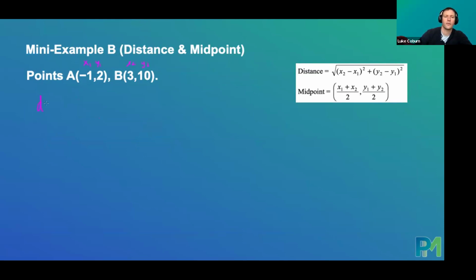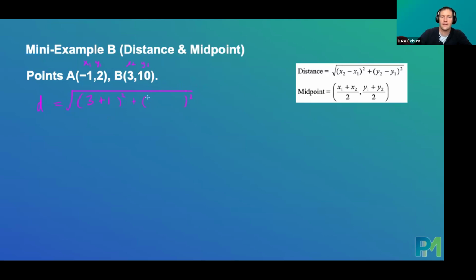And why don't I say the distance, we'll call it d, is equal to the square root of, so it's going to be the first part squared and then the second part squared. X2 minus x1. So 3 minus minus 1 is 3 plus 1.